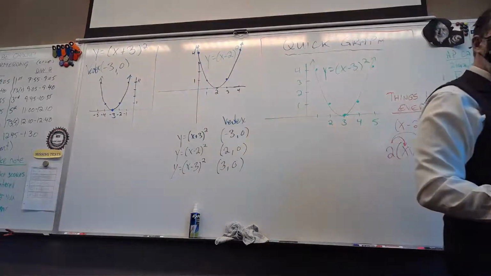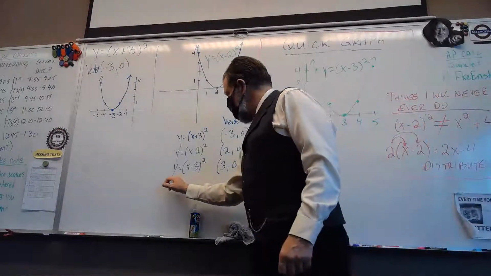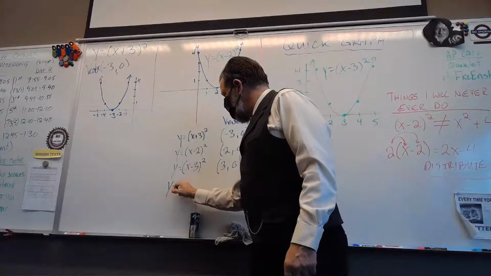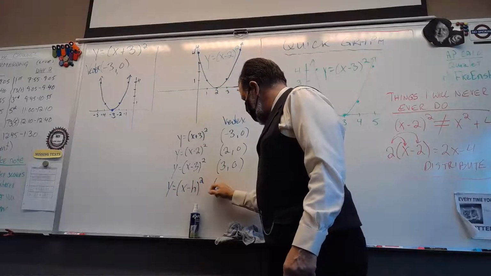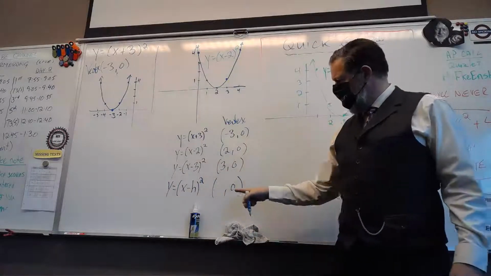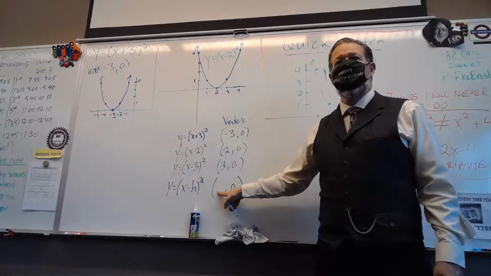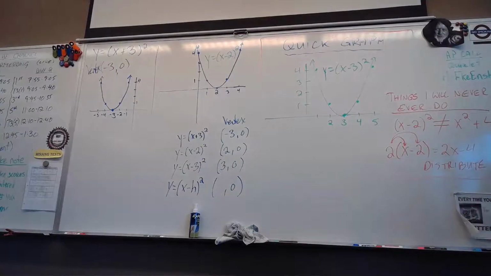Seeing a pattern there? What if I gave you the equation y equals x minus h squared? Take a second and think about what number would go right here. What number would I put in the parentheses for that vertex for x minus h squared?